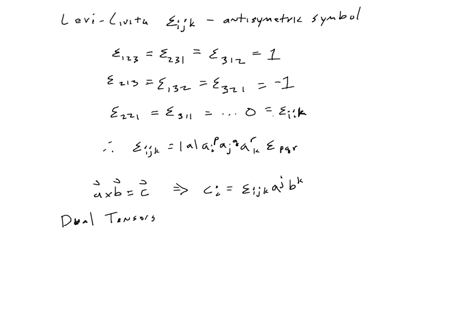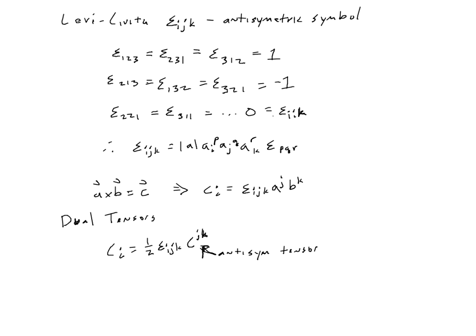A dual tensor basically comes from the idea that now that you have this Levi-Civita symbol, if you take the right tensors, you can do some really interesting stuff with it. Here, this C term is an anti-symmetric tensor.